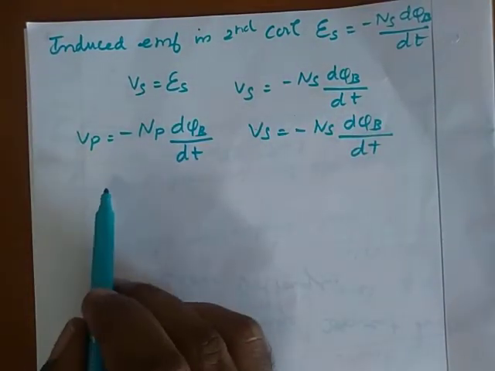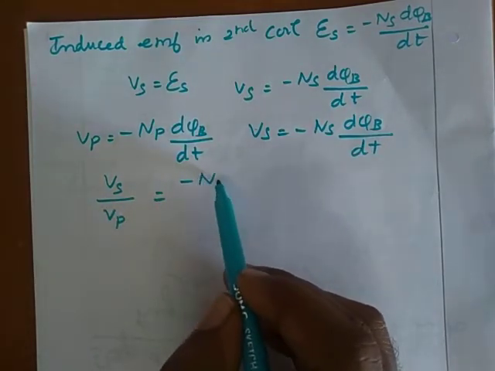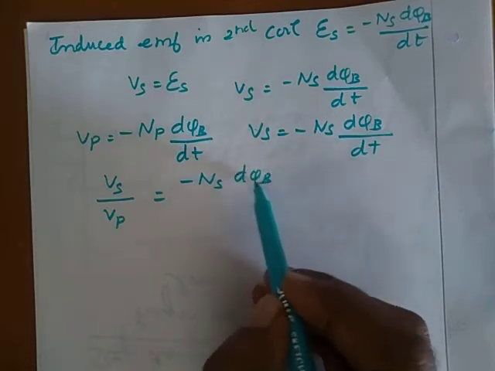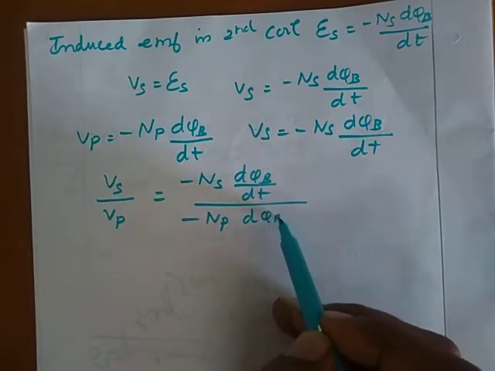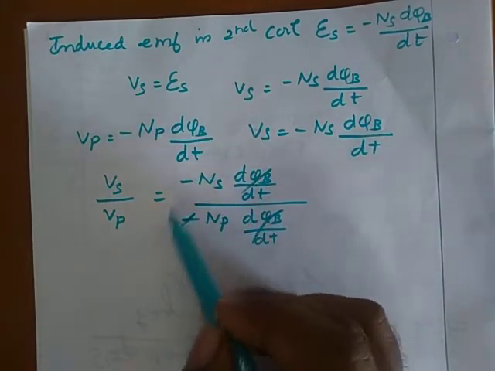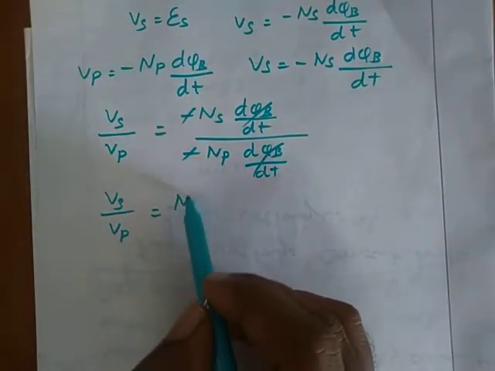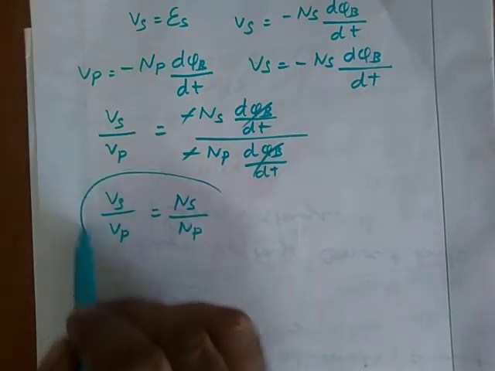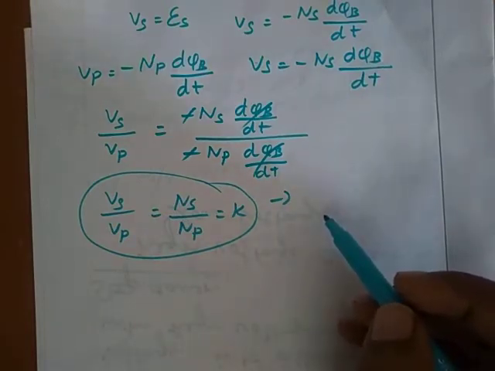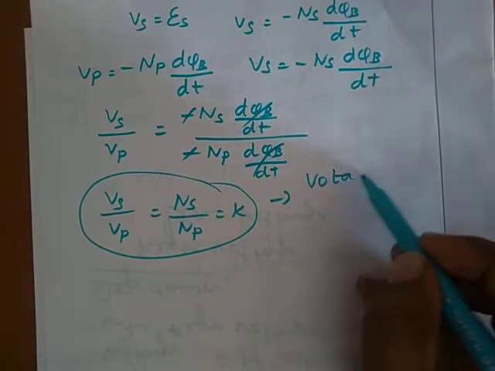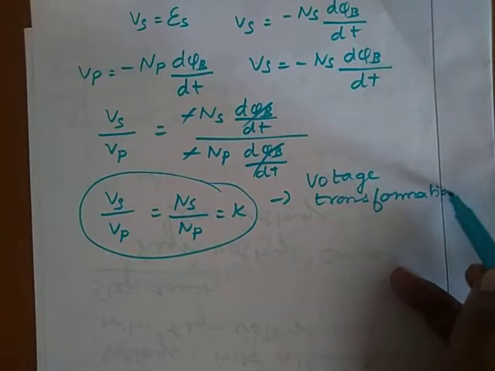Using these two equations, we get V_s by V_p is equal to minus N_s dΦ_B/dt by minus N_p dΦ_B/dt. The minus signs cancel, then we get V_s by V_p is equal to N_s by N_p, that is equal to k. This k is known as the voltage transformation ratio.